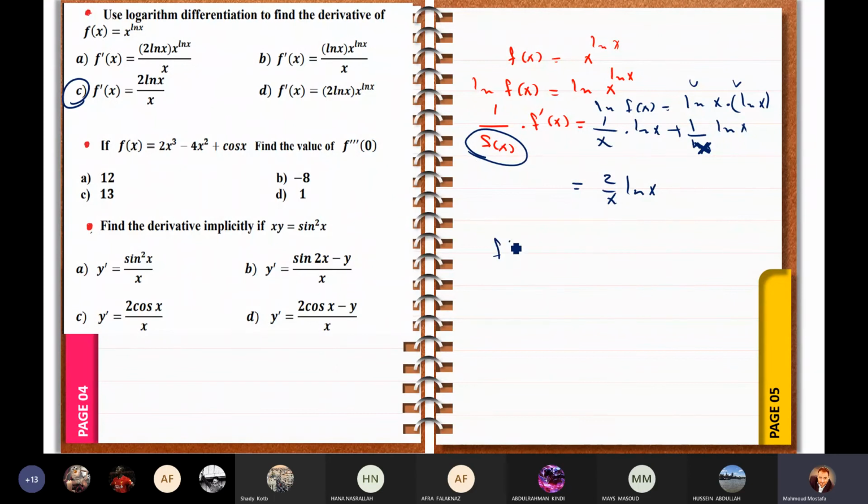So f prime of x is equal to 2 over x times ln x, all of this multiplied by x power ln x. Which one? So it's A.